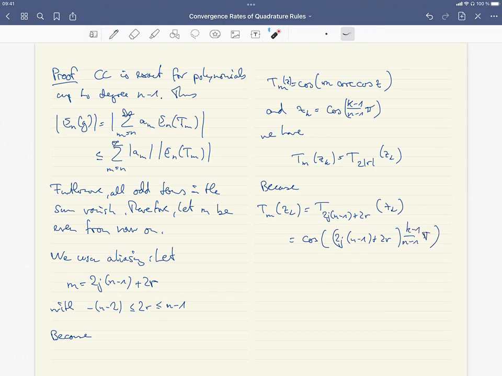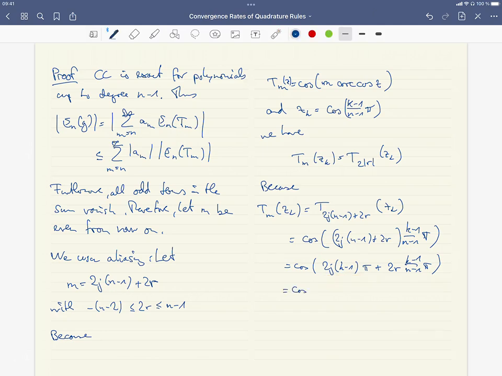Yeah, so there's an arc cosine, but it's hit with the cosine, so I have this in here. And now I see that this is a cosine of 2j(k minus 1) pi plus 2r(k minus 1)/(n minus 1) pi. And you see that the first term is now a multiple of 2 pi, so it doesn't matter at all.